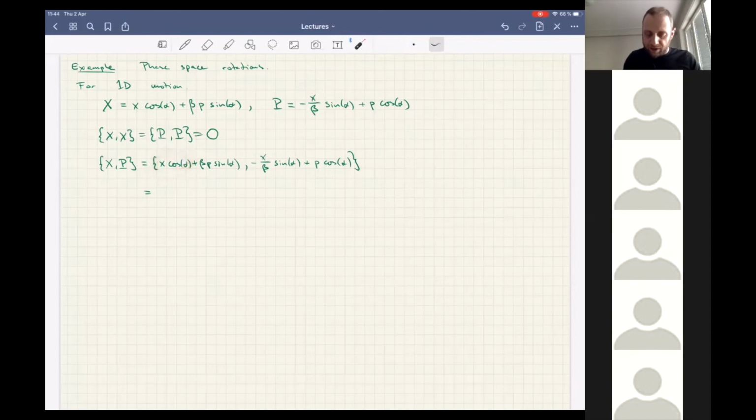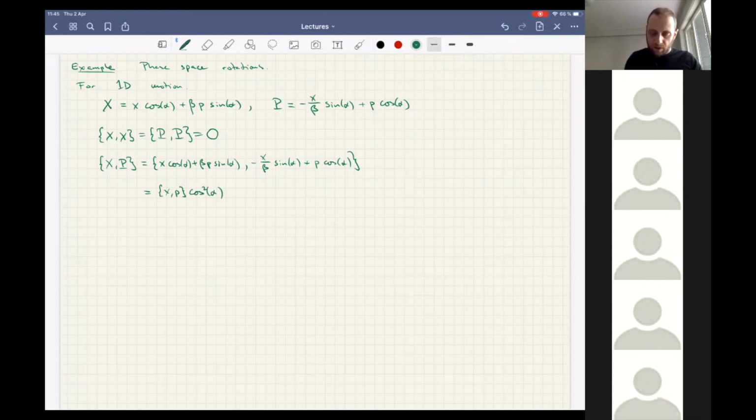So I have an x here. The Poisson commutator with this term is going to be 0 because x Poisson commutes with itself. However, the second term here has a p. If I move the constants out, I have a cosine in both of those expressions, so what I'm going to get is xp cosine squared alpha.